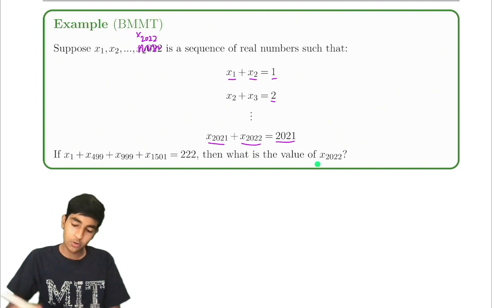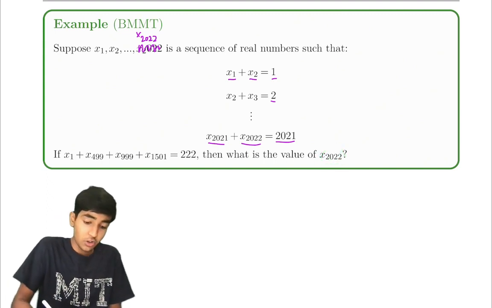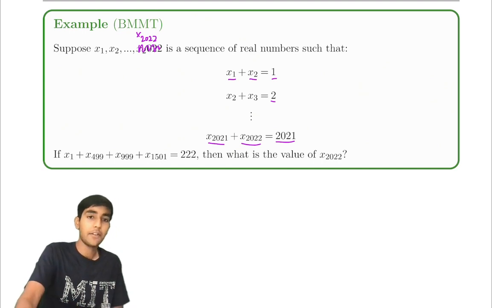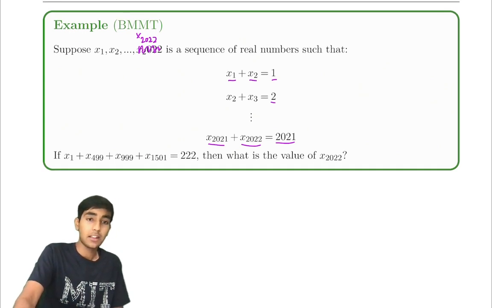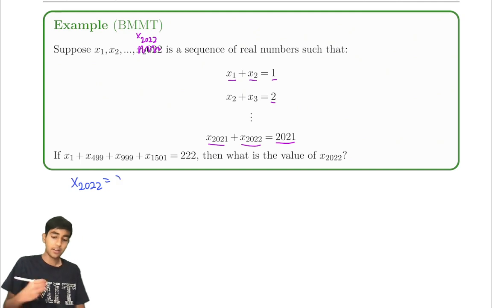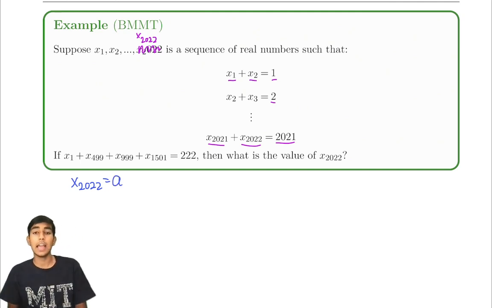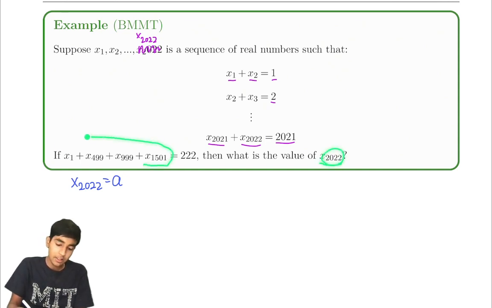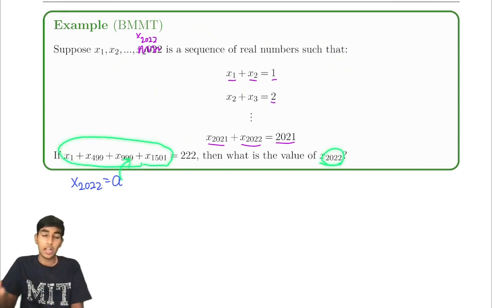X of 2022 is kind of like our unknown. So let's say we have x of 2022. Let's call it the same variable because it's our unknown, and it's often a good strategy. Let's say it's a. So a strategy would be to look, if this is a, maybe we can express this in terms of a, we can solve for a.